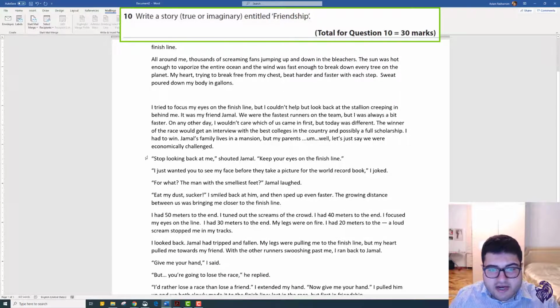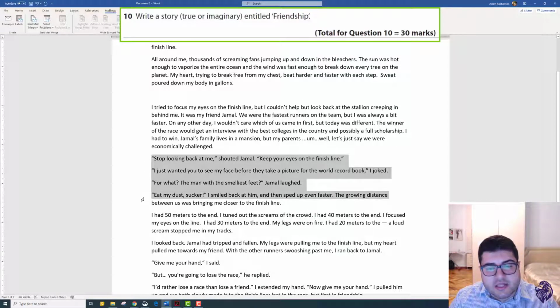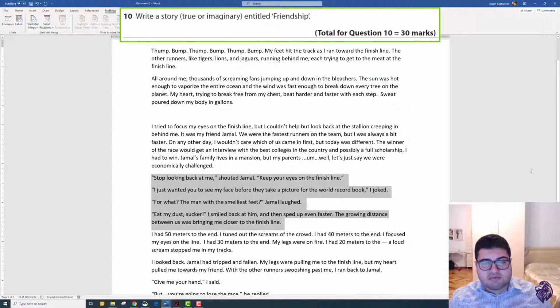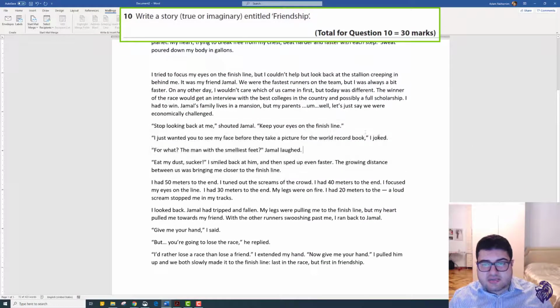Dialogue, I definitely have dialogue, and we could even say that the dialogue reveals something about their friendship. It reveals that they like to joke with each other, that they're friendly, and that they care about each other. Even though Jamal, his friend, was behind him, he still told him to keep his eyes on the finish line and not be distracted.